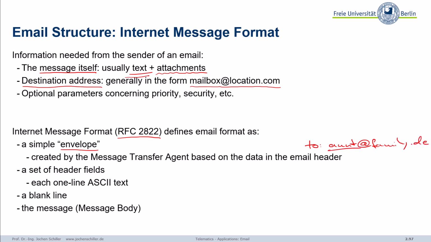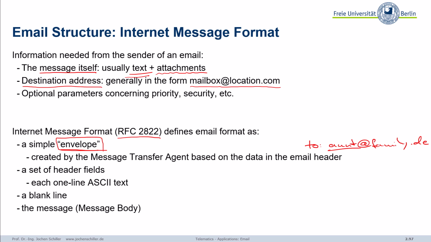So then the MTA takes this and says, okay, this should be the receiver. Then I write this on the envelope. The envelope is needed for this technical thing, this transfer of the email. Like in the post service, they only need the envelope. They should not look inside the envelope.